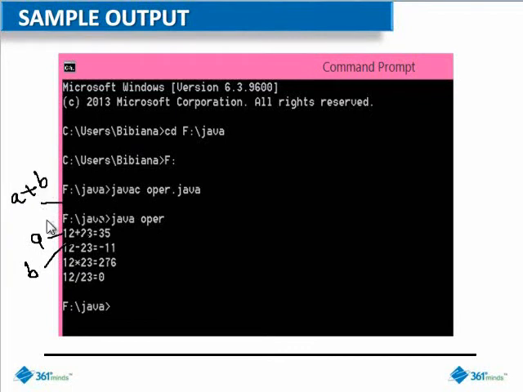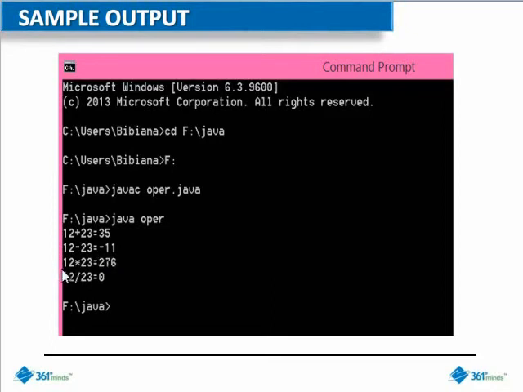In the second instance, A is 12, the minus symbol, 23. This 12 minus 23, this minus actually has no significance because it is only used as a symbol, a string, a character over here, and not as an operator. But the minus 11, the equal to is also the same, but the minus 11 is the actual result where B has been subtracted from A, and therefore you get minus 11.